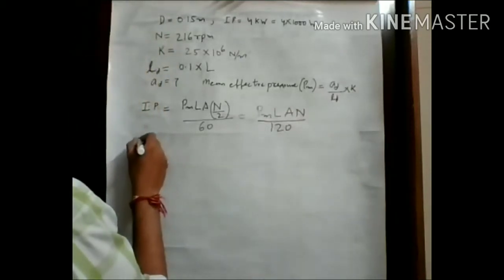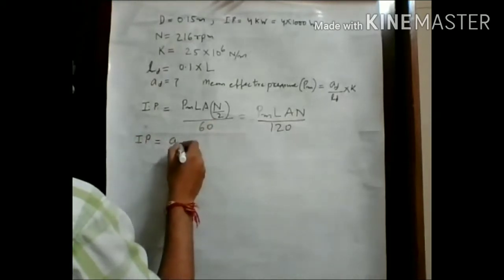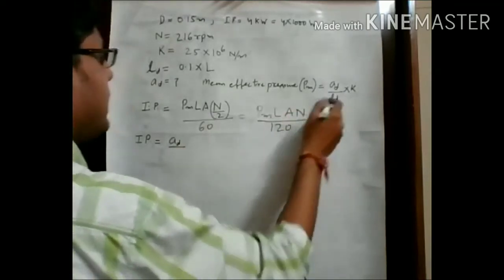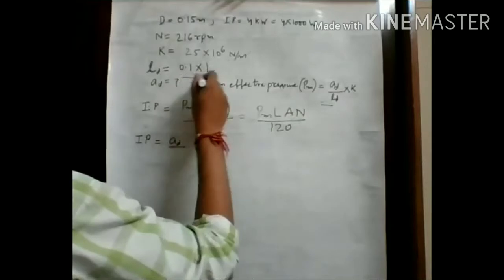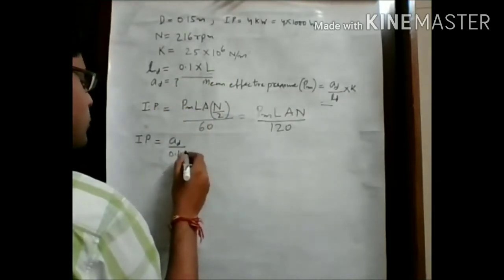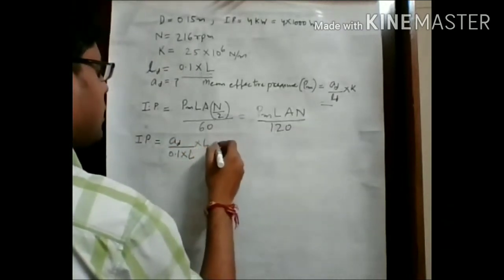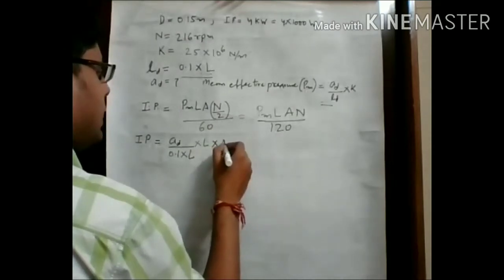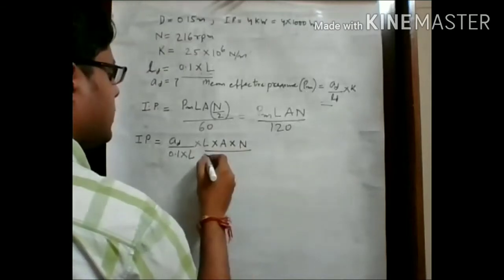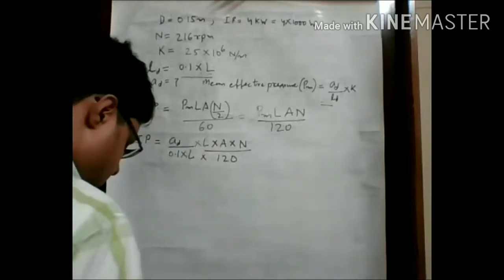So indicating power is equal to AD upon LD, and we can write LD as 0.1 L according to the problem, so 0.1 L multiplied by L, multiplied by A, multiplied by N, and divided by 120. And we know this indicating power value.